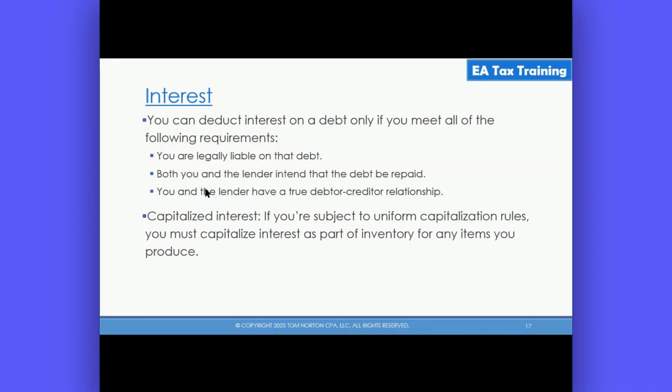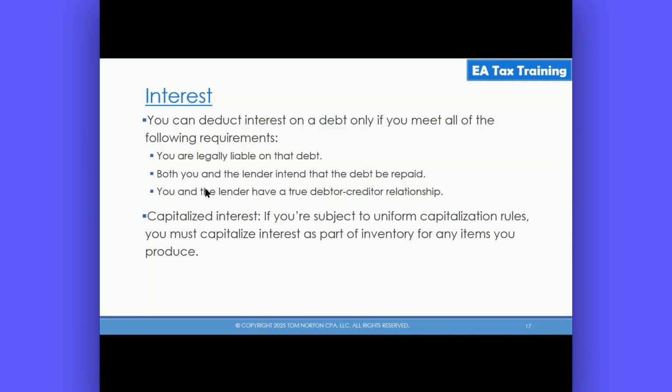So this prevents, especially accrual basis taxpayers, from getting a quote unquote loan and then accruing interest expense and deducting the interest expense when nobody actually expects them to be paying off that loan because it's not actually a loan. Remember again, substance and form.